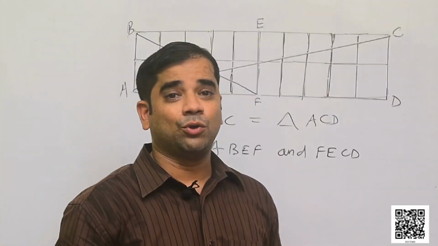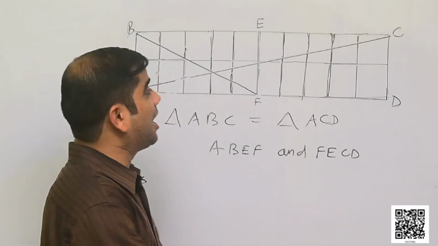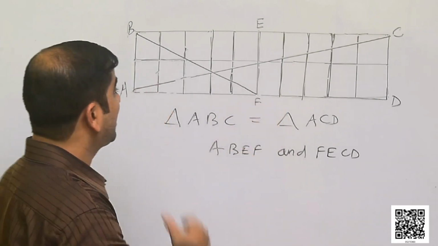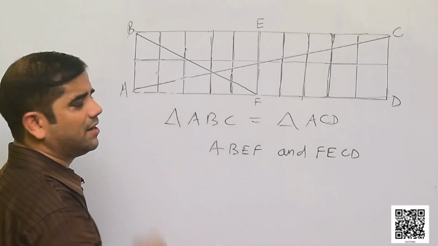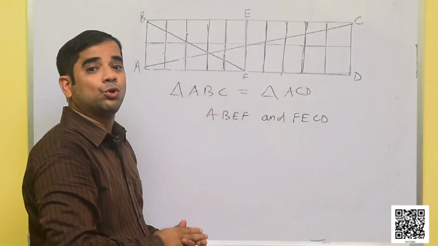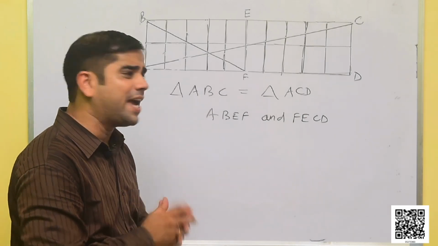Got it? So let us complete the task by finding out the area of the rectangle FECD and the equal triangles ABF and BFE. Previously, we have divided the rectangle ABCD into two equal rectangles having 10 square centimeter of area.